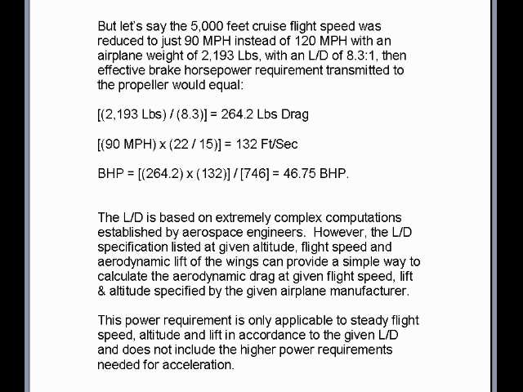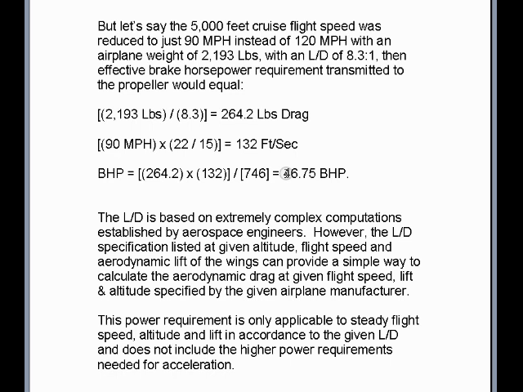We convert 90 miles per hour to feet per second, 132 feet per second. And so when we multiply the two out, then divide it by 746, it will cost 46.75 brake horsepower to the propeller if the plane was flying at 90 miles per hour at the same level cruise flight altitude of 5,000 feet.